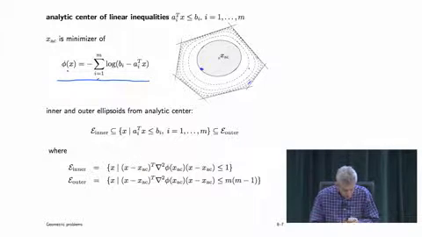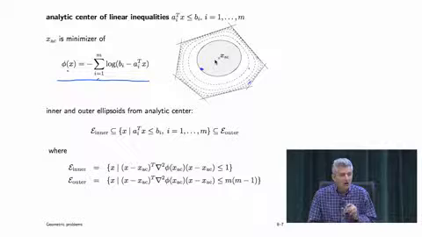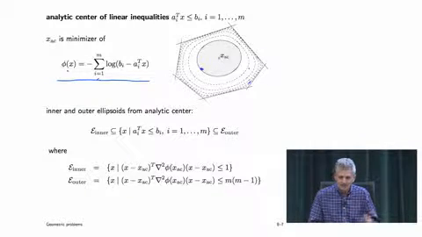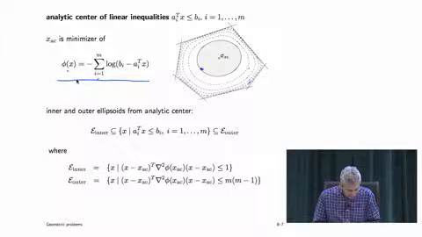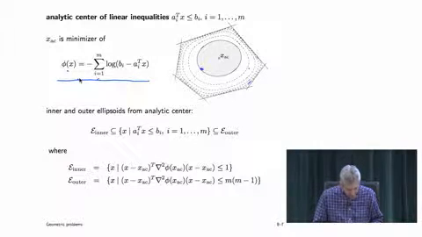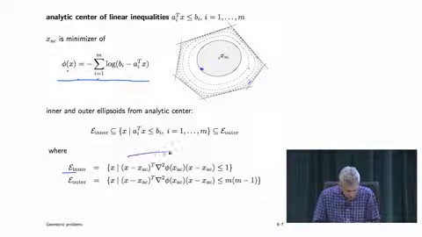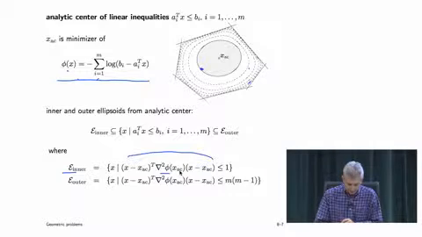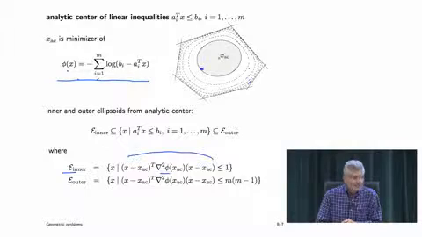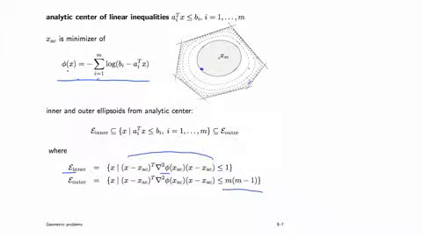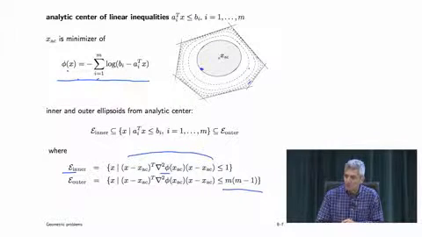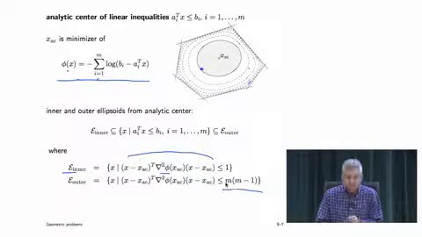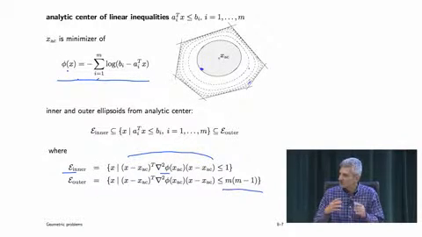Now, it turns out there are guaranteed approximations. If you take the ellipsoid defined by the Hessian of the analytic center, with a 1 here, that always lies inside the set, and this one always lies outside the set, covering it. This is a worse approximation ratio than the maximum volume one, and the reason is this. This number here is m squared; you take the square root and that gives you the expansion size.